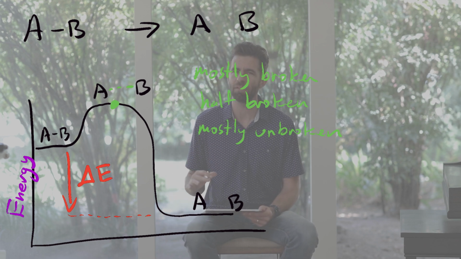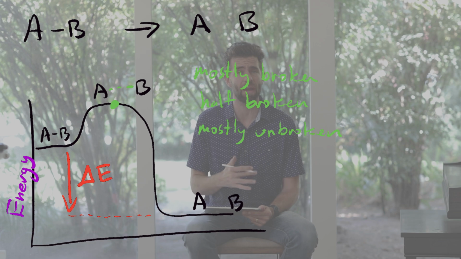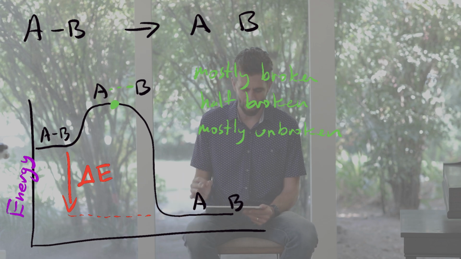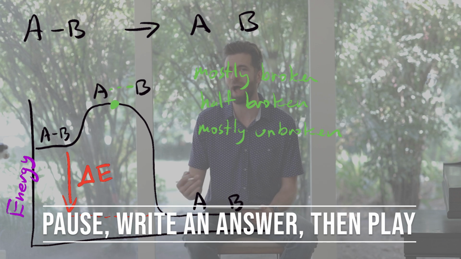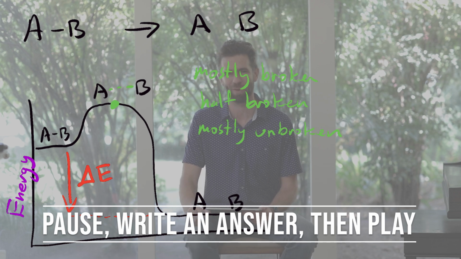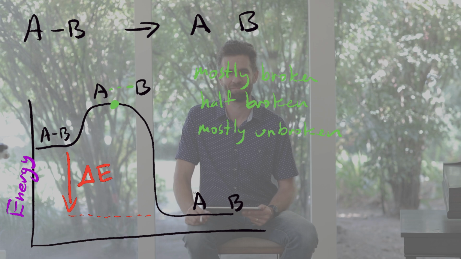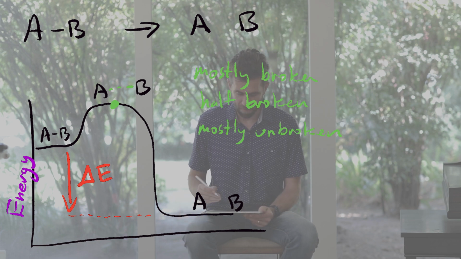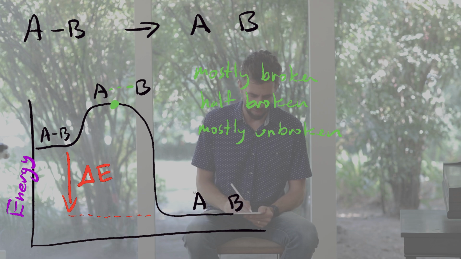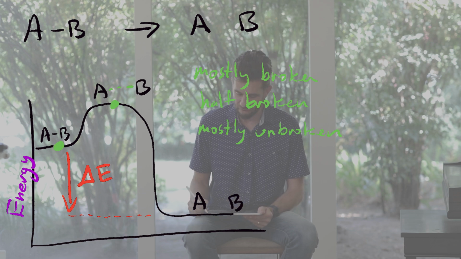So go ahead and pause. Answer the question, and please write an answer as to why you think it is. Remember, Hammond's postulate, use the energy. You need to be able to explain why you believe it. You can't just guess which one it is. All right, so what you should have gotten here is you should have noticed that the reactants here are very similar.